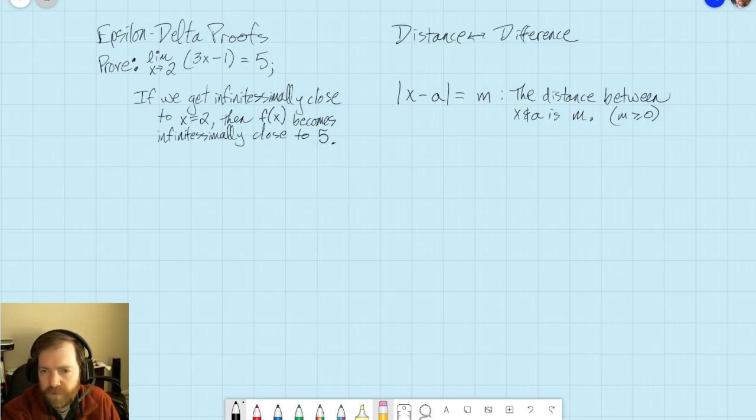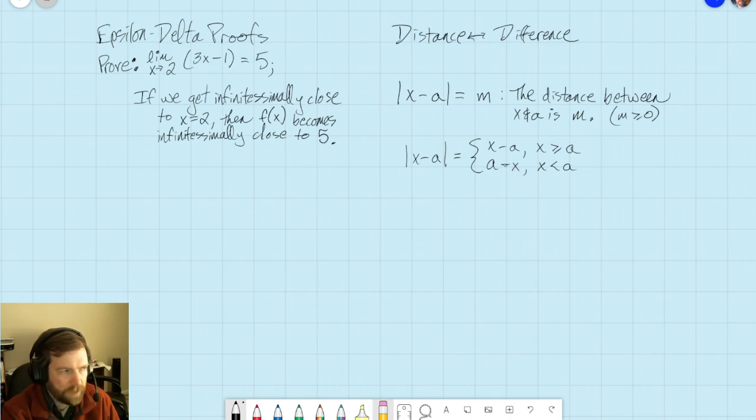So by the way that we define it, absolute value of x minus a is a piecewise function that says we're going to take x minus a if x is greater than or equal to a, and also a minus x when x is less than a.